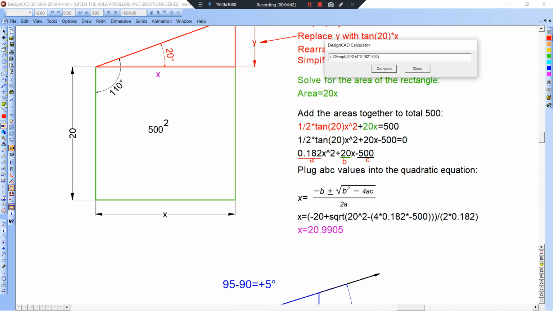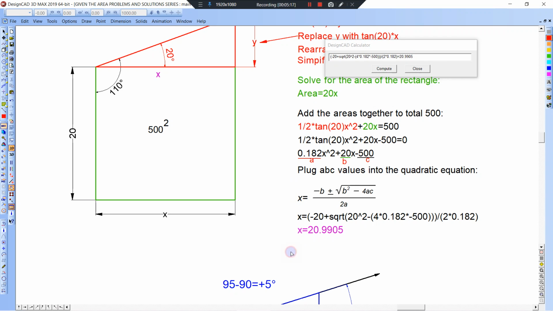We're going to close that parenthesis, close the parenthesis for the square root, close the parenthesis for the top. I'm going to divide it by, open parenthesis, 2 times A, which is 0.182, close parenthesis, copy that, Control C, and Control V equals, we end up with 20.9905.